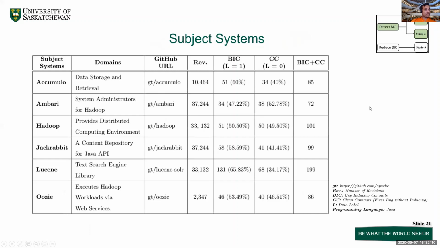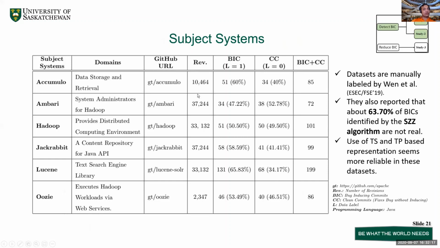Here there are 6 subject systems available, and the dataset labeling, that means the identification of bug-inducing and clean commits, was done in a study published at ESEC/FSE 2019 by Wen et al.